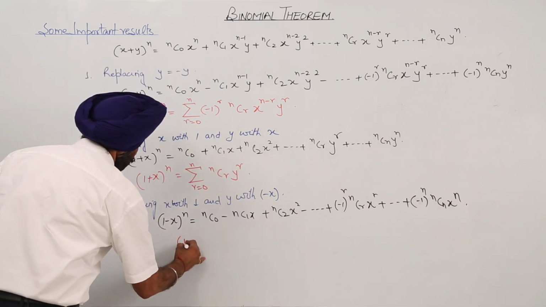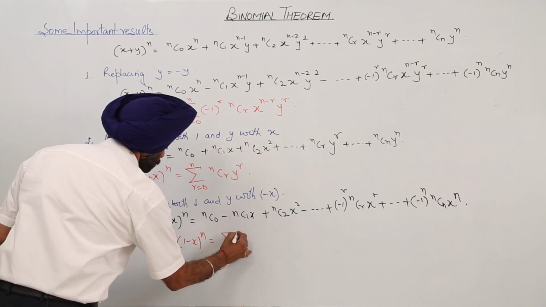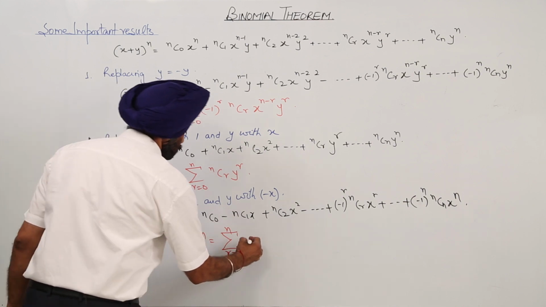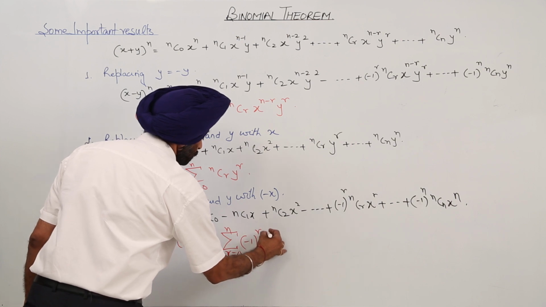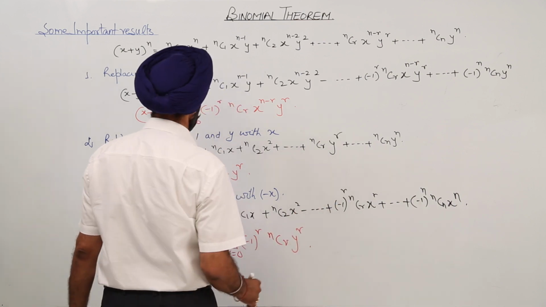And in the shortest form (1 - x)^n is summation for r is equal to 0 to n minus 1 raised to power r nCr x raised to power r.